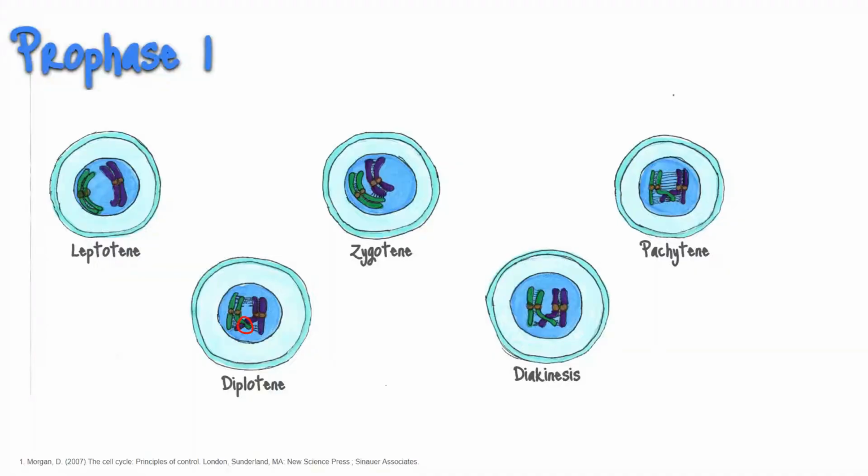Prophase 1 has leptotene, where the duplicated sister chromatids first condense into distinct thread-like structures. Homologous chromosome pairing also occurs during leptotene, in which the homolog axes are aligned with each other roughly 400 nanometers apart.